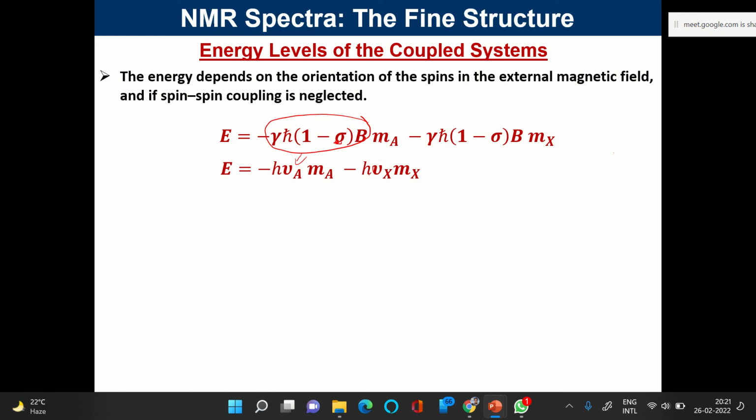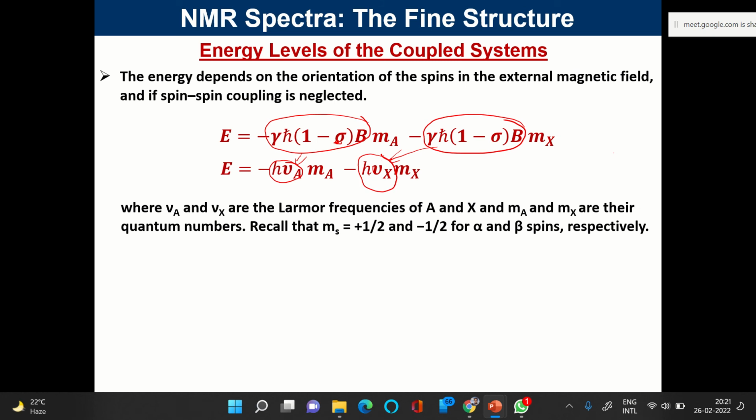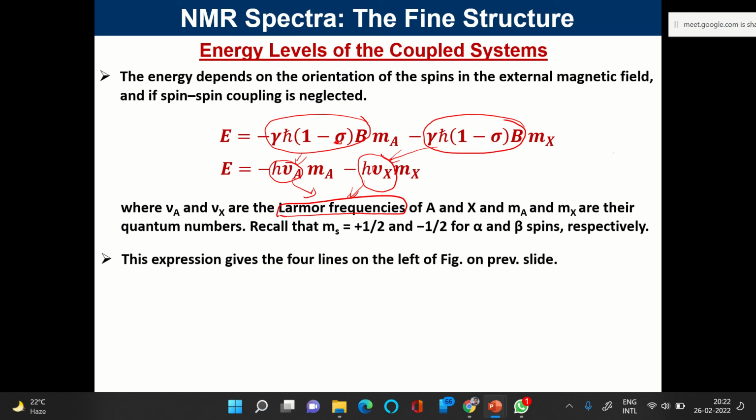Both of them are written over here in this form, so this whole term is shortened to this. So this is the energy of interaction, where nu is the Larmor frequency, the Larmor frequencies for A and for X. This is what we were seeing in the previous slide, the energy levels.